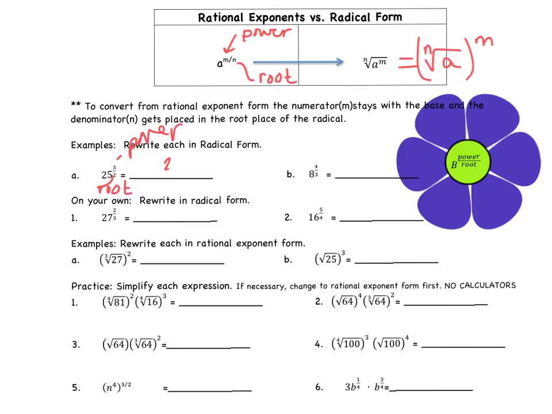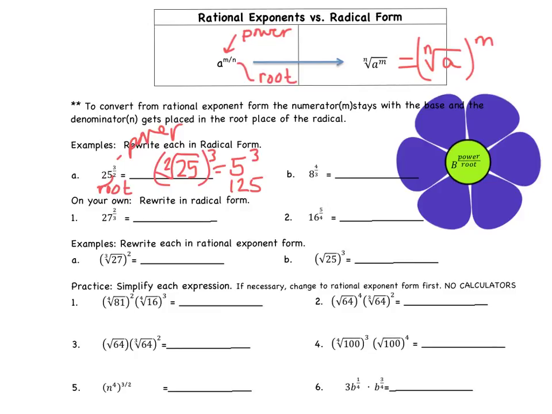So this actually becomes the square root of 25 to the 3rd power, and we can simplify that even more. We know the square root of 25 is 5, and then 5 to the 3rd power is 125.